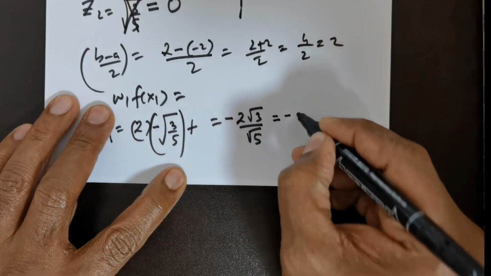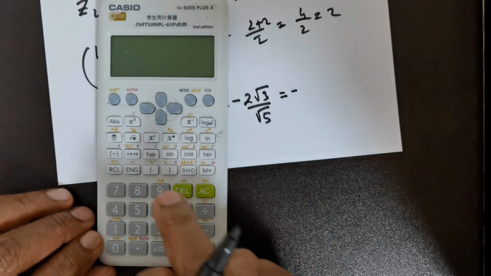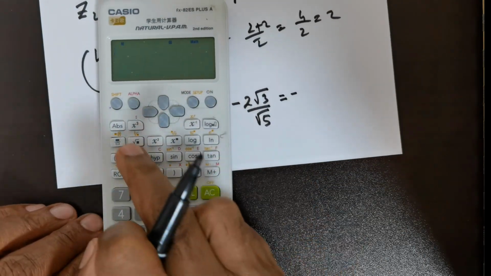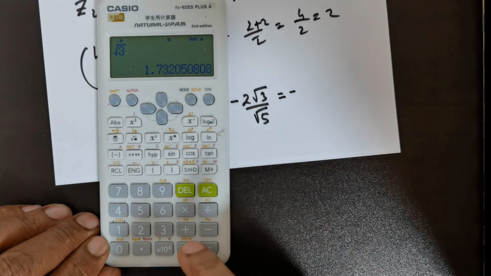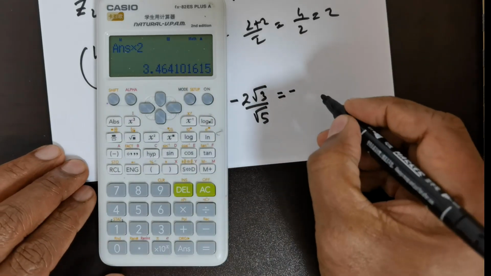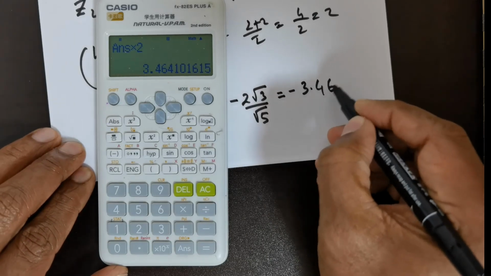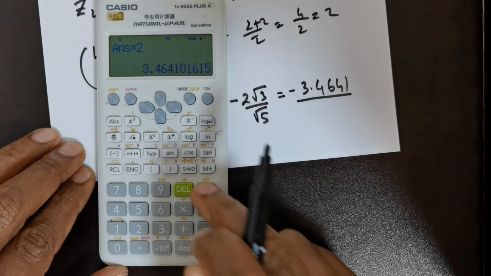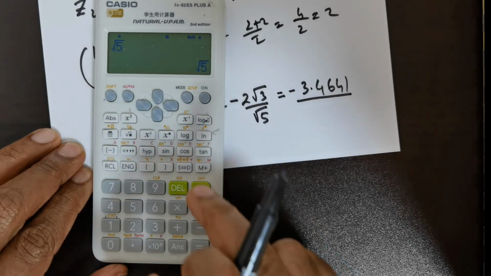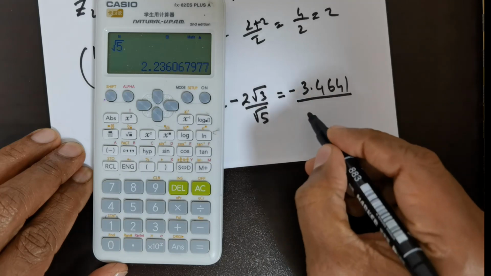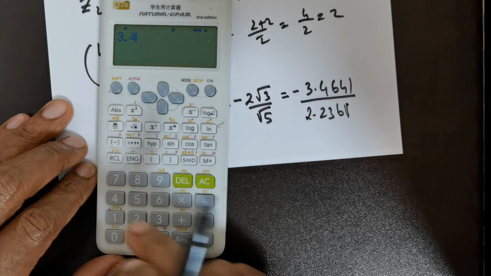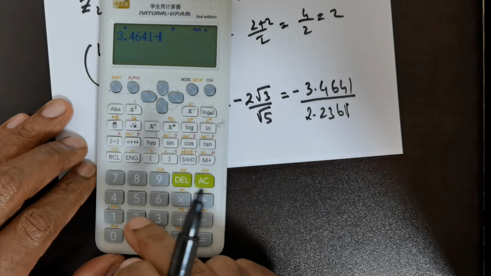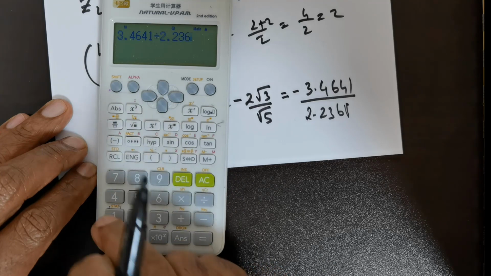We can evaluate this value using the calculator. Root of 3 is 1.7321, multiplied by 2 gives 3.4641, divided by root of 5, which is 2.2361.